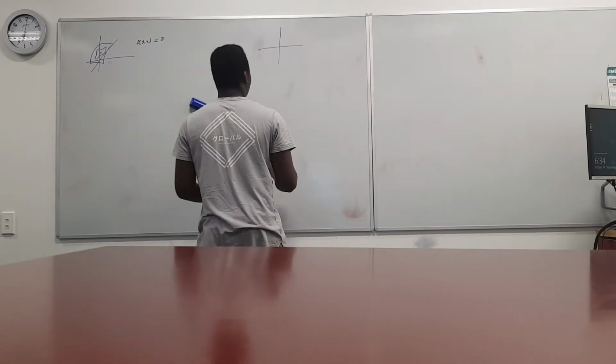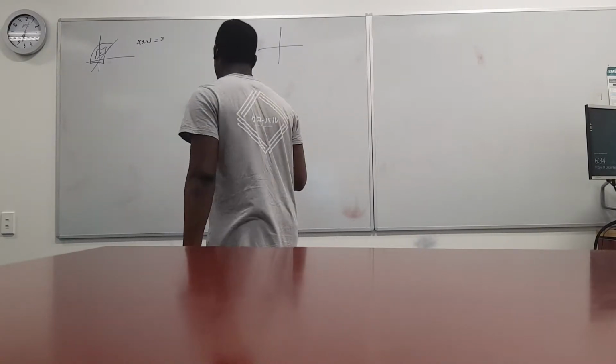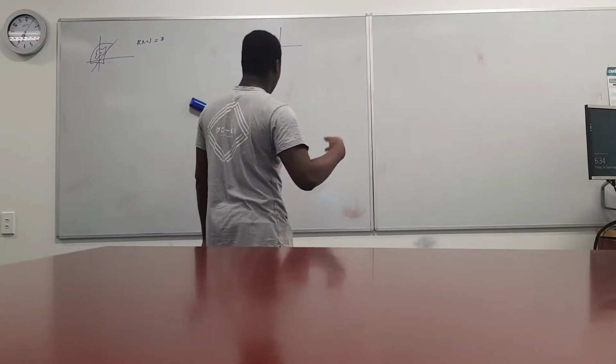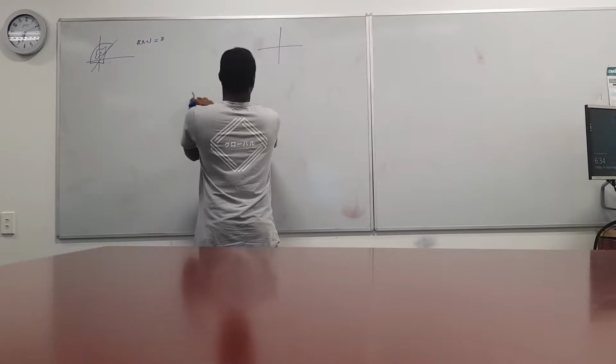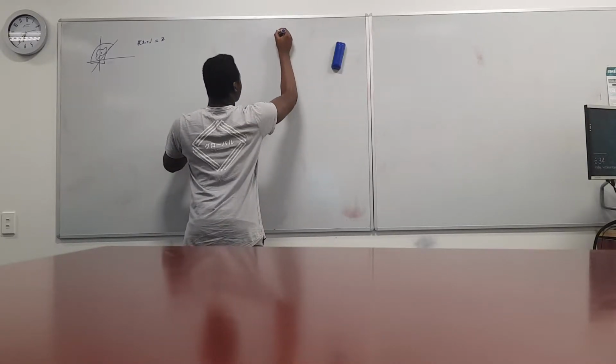So let's say we have something called an ellipsoid. Basically, a sphere is under an ellipsoid. Let's say we have something like this in 3 dimensions.